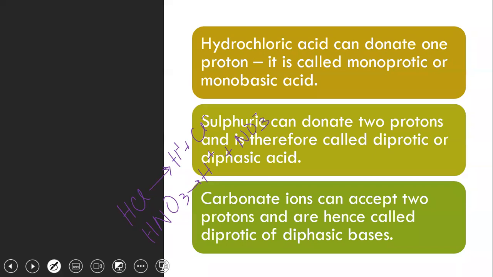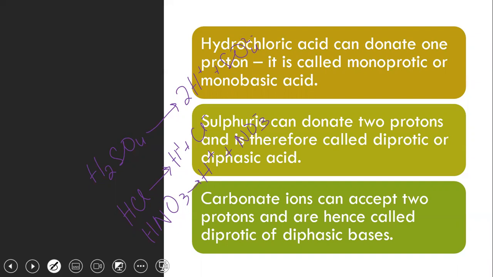Those acids that can donate 2 hydrogen ions, for example H2SO4, will be considered diprotic or dibasic acids. So those acids that can donate 1 hydrogen ion are known as monoprotic or monobasic, and those that can donate 2 hydrogen ions are known as dibasic or diprotic.